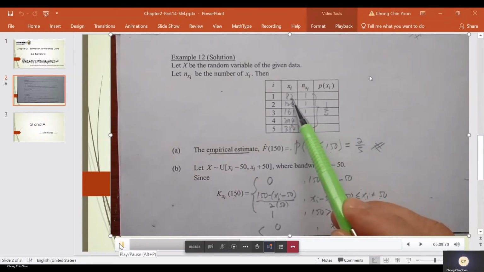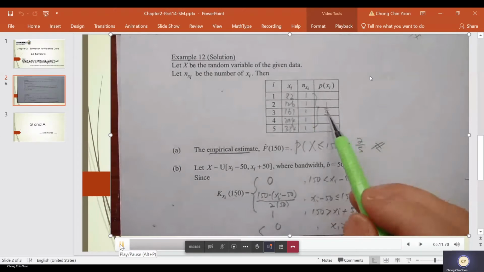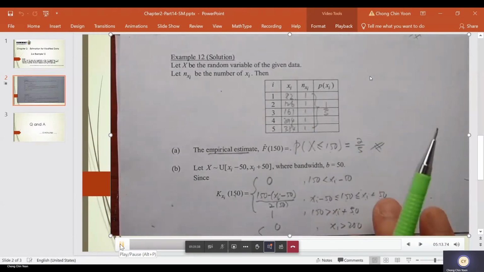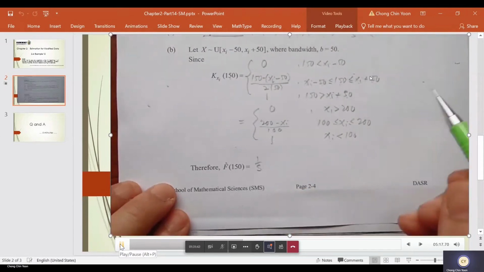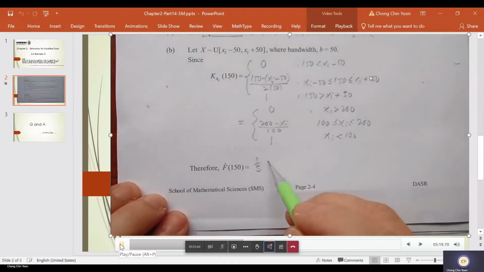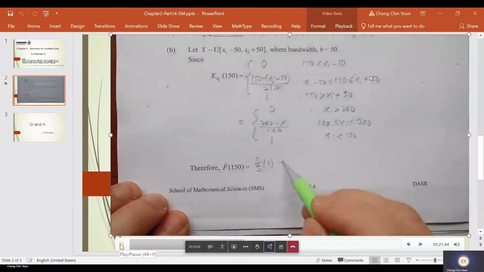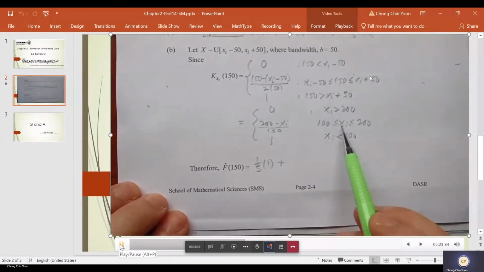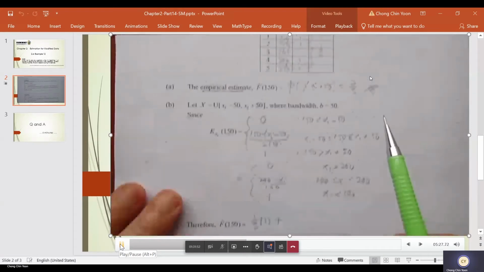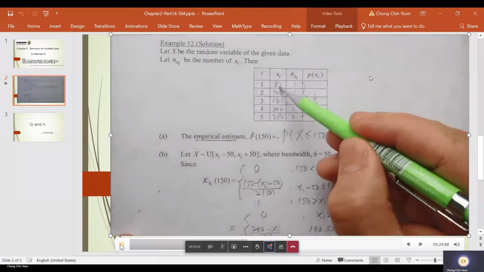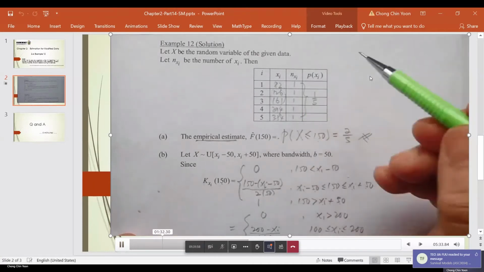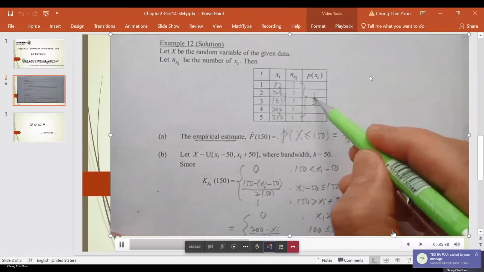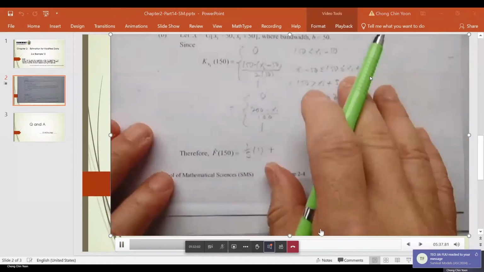And 100. So I'm going to take 1 over 5, this probability, times this k value, which is 1, plus the observations that lie between this interval, 100 to 200, that I have these two values. So that means I'm going to take this probability times the k value.